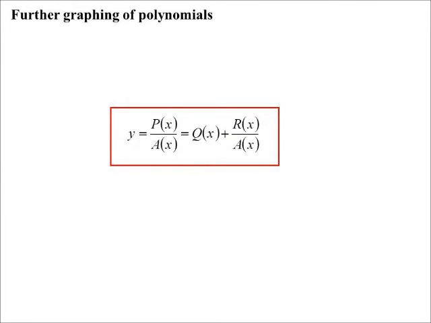Now this brings us back to graphing. This polynomial division idea is great because it tells you a lot about the graph. Just seeing P(x) on A(x) tells you some information, but Q(x) plus the remainder on the divisor tells us a lot more. Regardless of which form you have it in, of course the bottom of the fraction can't equal 0.